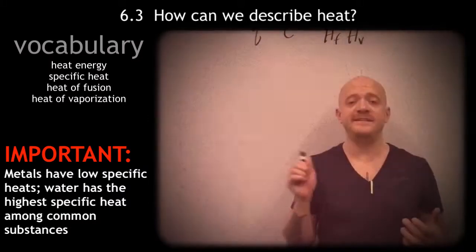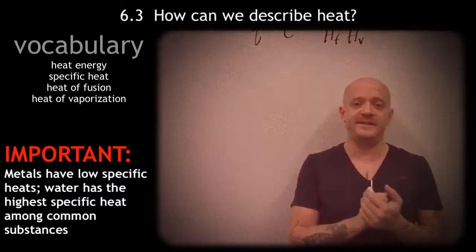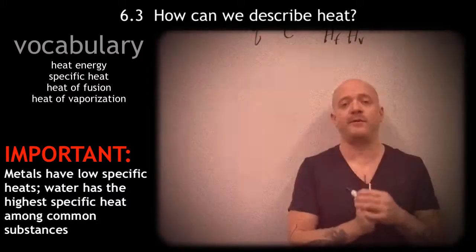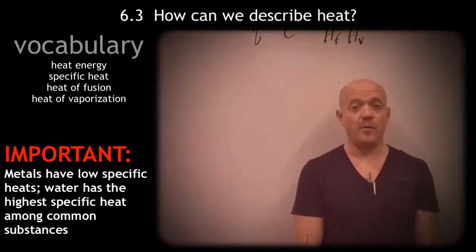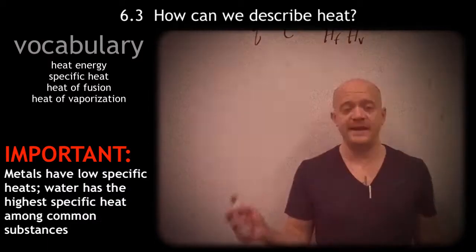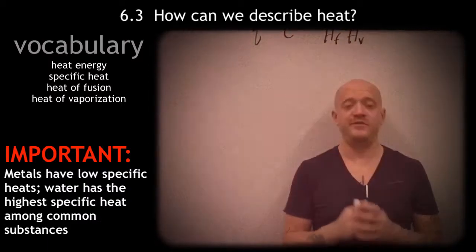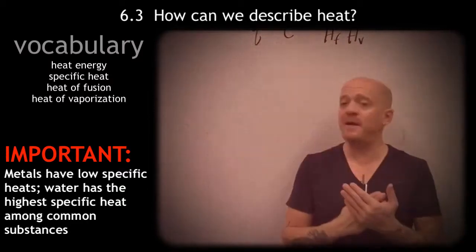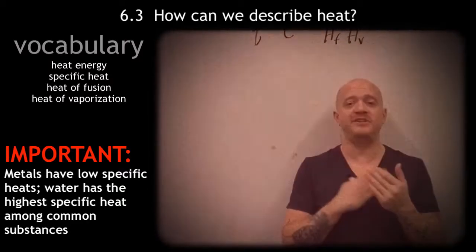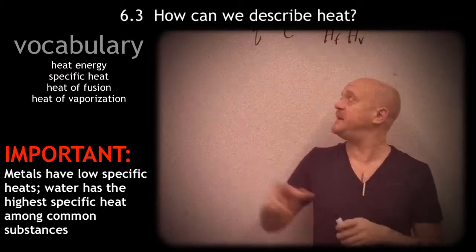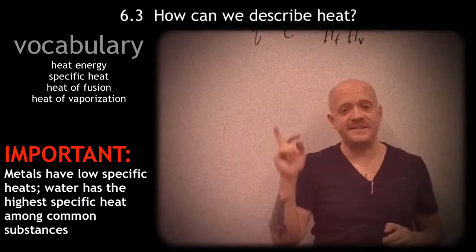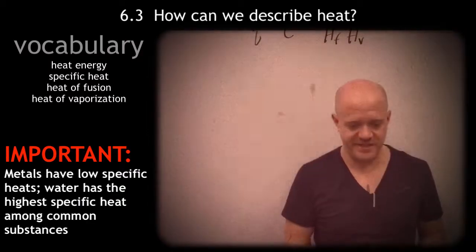In other words, it takes a lot of heat energy to raise the temperature of water 1 degree. The more water you have, the more heat energy is required to change that temperature. And remember, temperature is a measure of average kinetic energy. When you see heat, you think of this. When you see temperature, it's average kinetic energy.